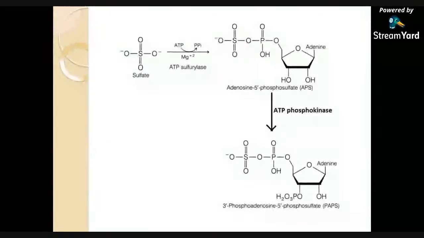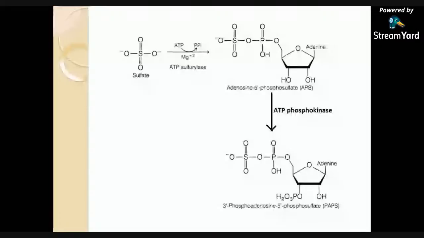You can see in the reaction, the sulfate moiety in the presence of ATP sulfurylase forms adenosine 5-phosphosulfate, which is APS, and this APS in the presence of APS kinase further forms 3-phosphoadenosine 5-phosphosulfate, which is the PAPS. Like that, the sulfate conjugation occurs.